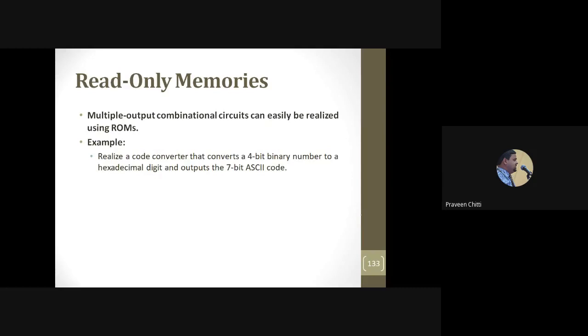A multiple-output combinational circuit can be easily realized using the ROM. So I'll give one example. Can you design or realize this using the ROM? What is the question asked here? Realize a code converter that converts a 4-bit binary number to a hexadecimal digit and outputs the 7-bit ASCII code.